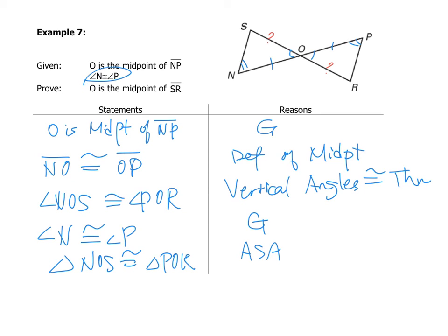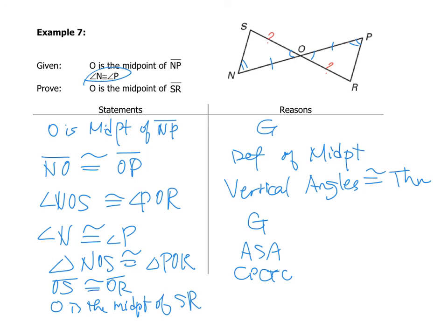And by CPCTC, we now can say OS and OR are congruent. If OS and OR are congruent, by definition, O is the midpoint of SR. And that's by the definition of midpoint.